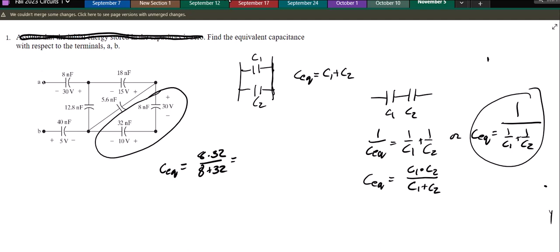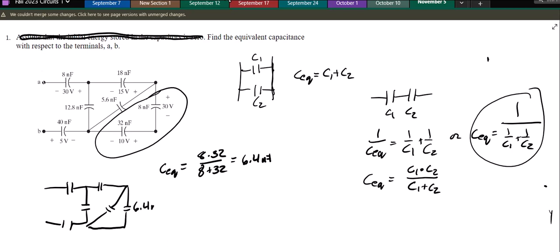And I believe that gets me 6.4 nanofarads. So then my circuit looks like this. And so this was 6.4 nanofarads, and this was 5.6 nanofarads.